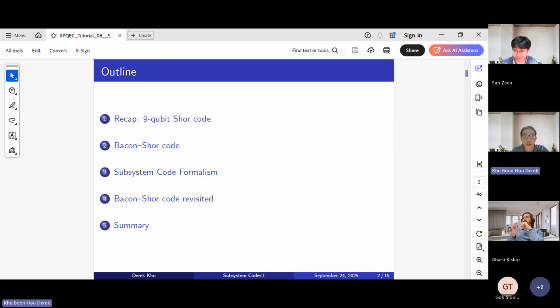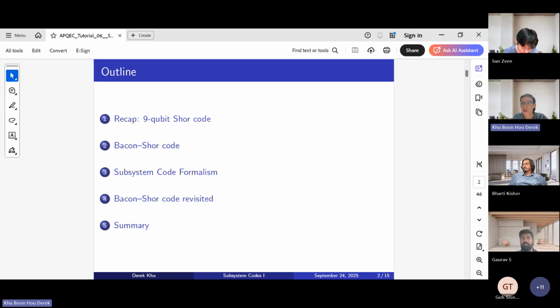We will start with a recap of the Shor code, and then we'll discuss what the Bacon-Shor code is. Then I'll introduce what the subsystem code formalism is all about, and then I'll talk about the Bacon-Shor code again, and then I'll do a little summary. Hopefully today's session wouldn't be that long, but if you have any questions, feel free to interrupt.